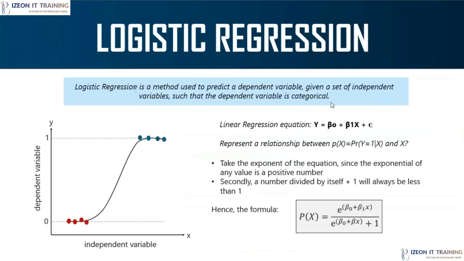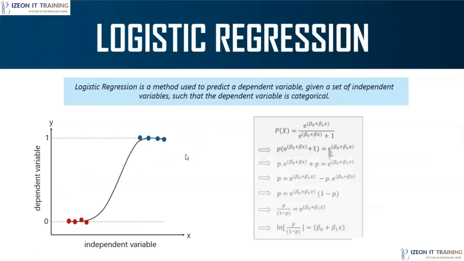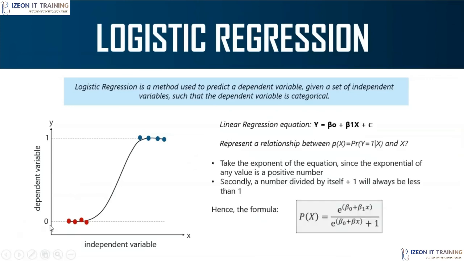Now, how does logistic regression work? Before I tell you, take a look at this graph. I told you that the outcome in a logistic regression is categorical. Your outcome will either be 0 or 1, or it'll be a probability that ranges between 0 and 1. So that's why we have this S curve. Some of you might wonder why we have an S curve; we can't obviously have a straight line.